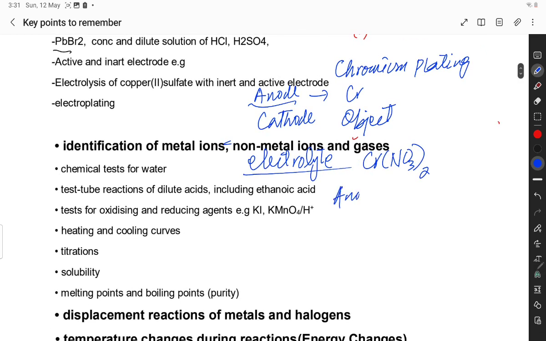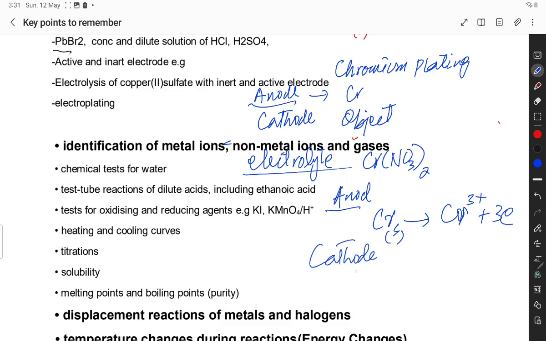The anode reaction is chromium solid to form Cr3+ plus 3 electrons. The cathode reaction is chromium going to plate on the object.